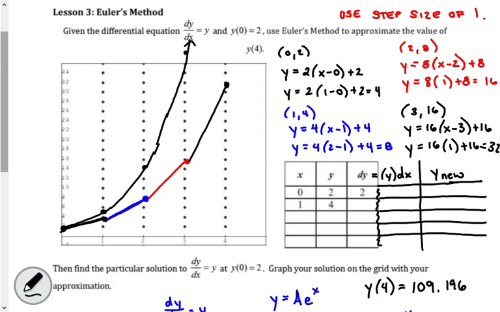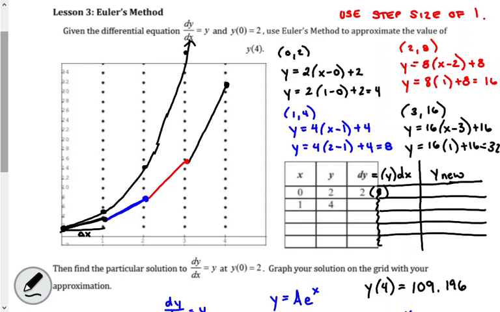Because see, our delta x is down here. So that is 2 times 1 is what you're doing right here. Wait, so it's dx, delta x? The dx is delta x, yeah. The width of your step size, the size of your tangent line that you want to make. Okay. Any questions on that?